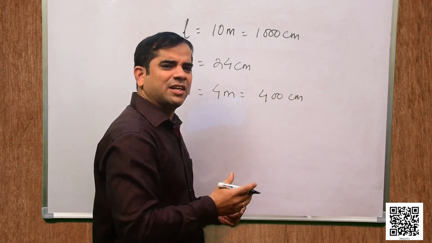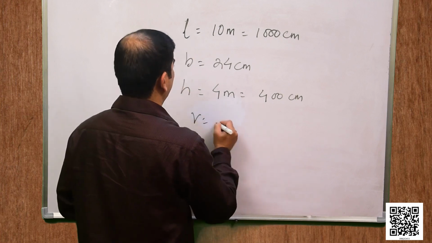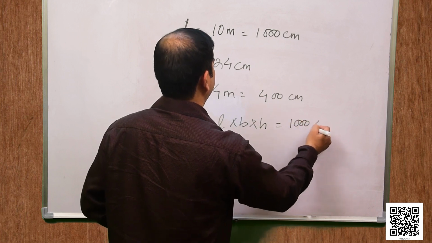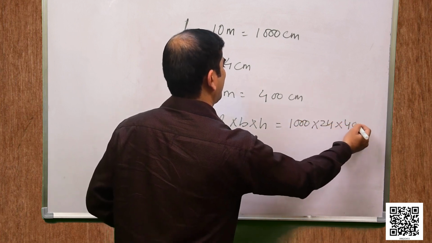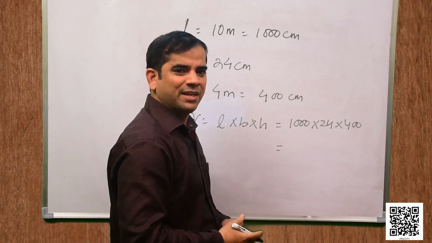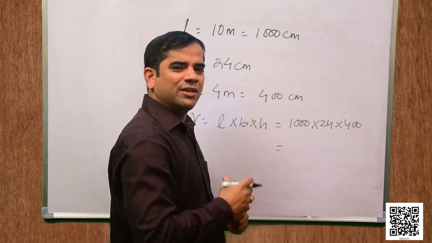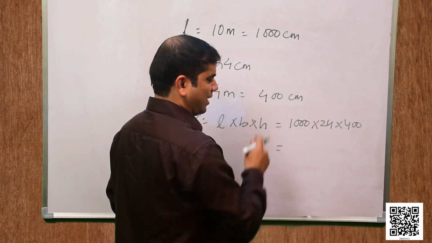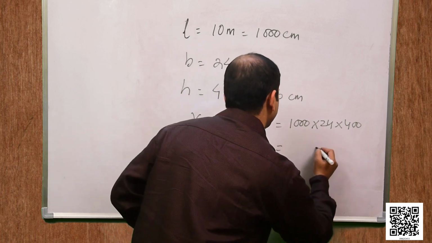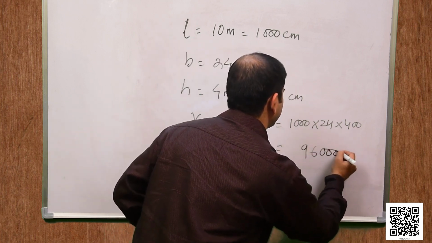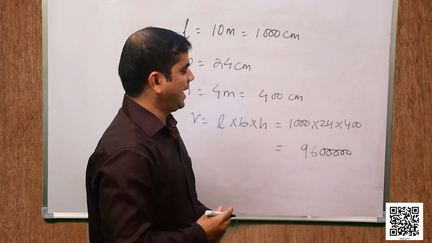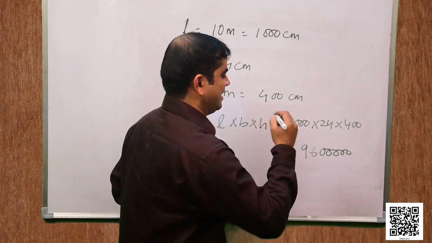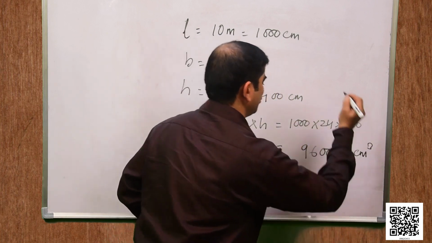Fine. So, let us now find the volume. So, V is equal to length into breadth into height, that is equal to 1000 into 24 into 400. Okay. So, the volume of the cuboid is 1000 into 24 into 400, that is equal to 96,000,000, that is 96 lakh centimeter cube.